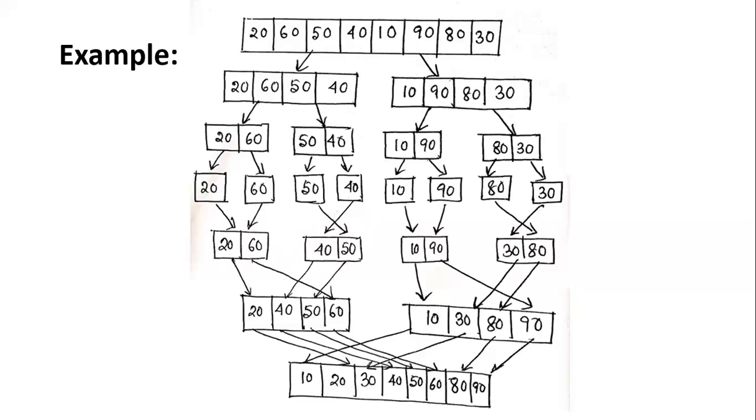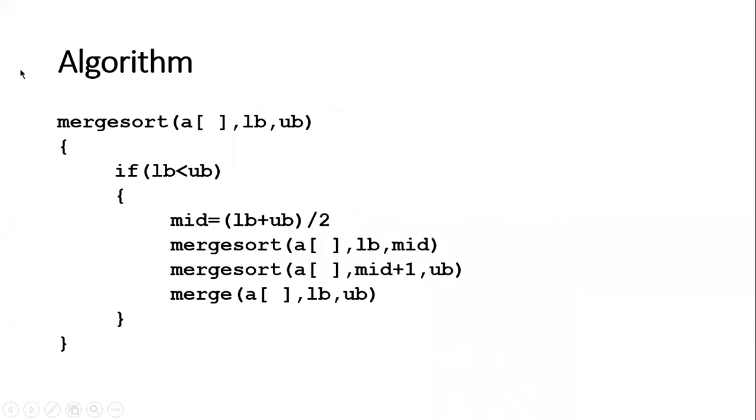Now I shall discuss the merge sort algorithm. So this is my merge sort algorithm. Here there is the lower bound, the upper bound, and this is the array. Then mid has been calculated. Mid is basically lower bound plus upper bound divided by 2.